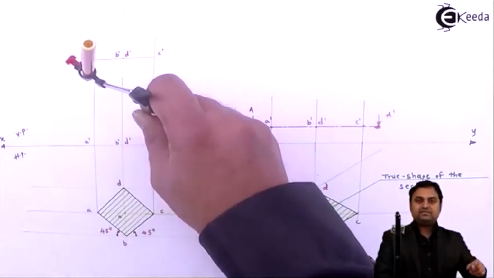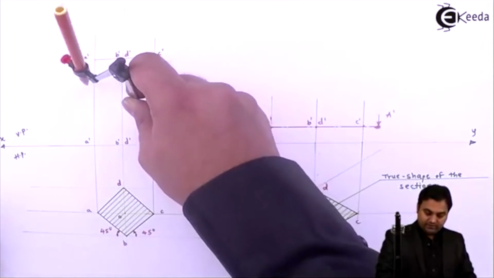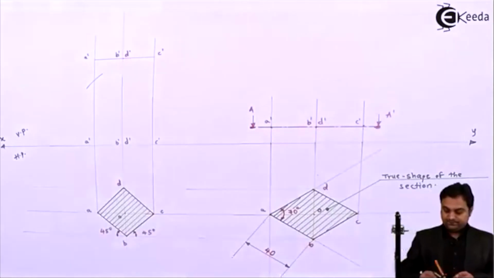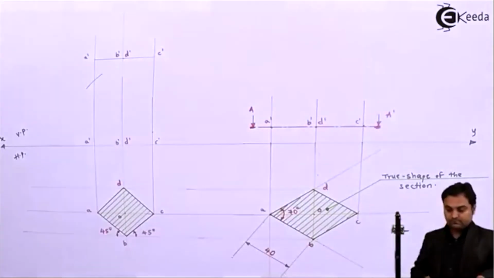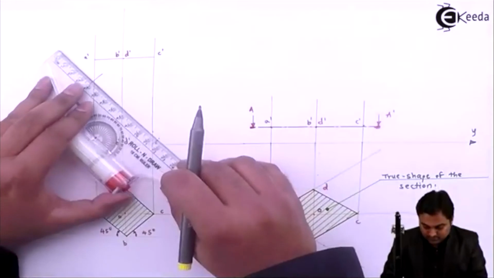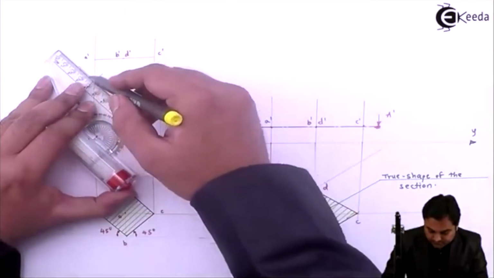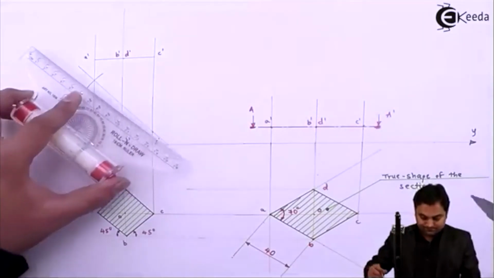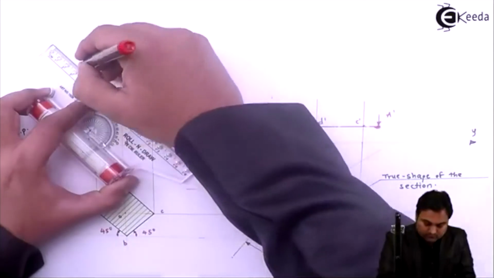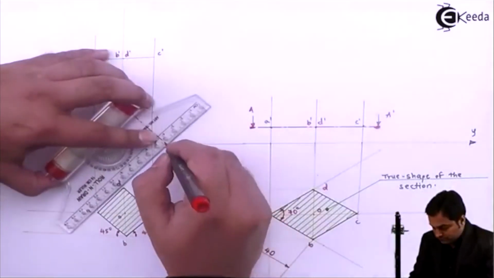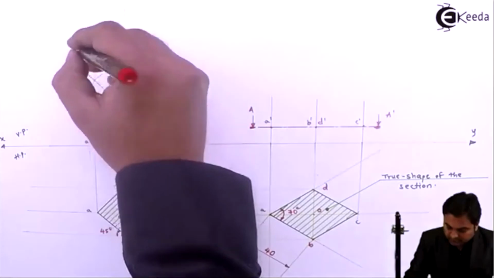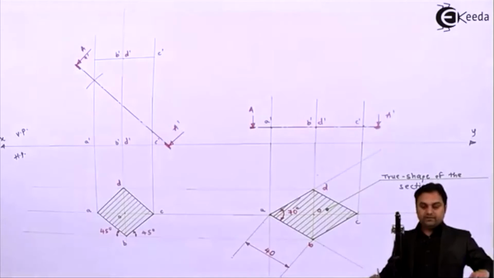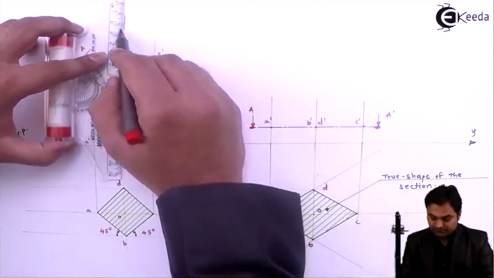So when A dash, that edge is cut, we are going to get a single point. So here I am cutting this edge. This line will give us the length of the cutting plane. Cutting plane A dash.